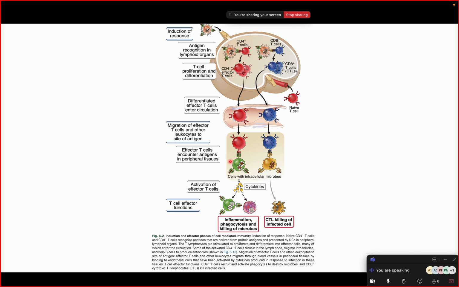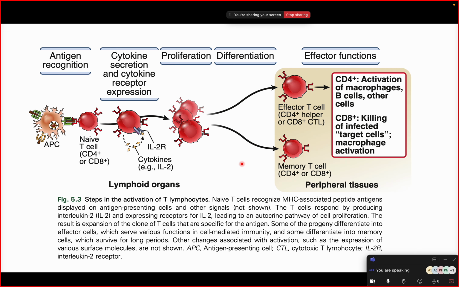So basically whatever we saw here is the in-depth info of the same process. The effector T cell, whether CD4 or CD8 positive, will do its designated function.